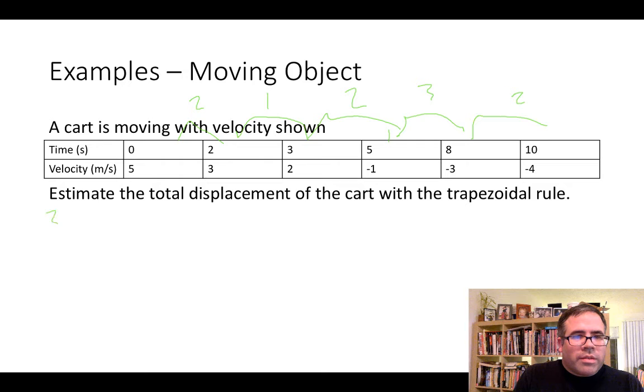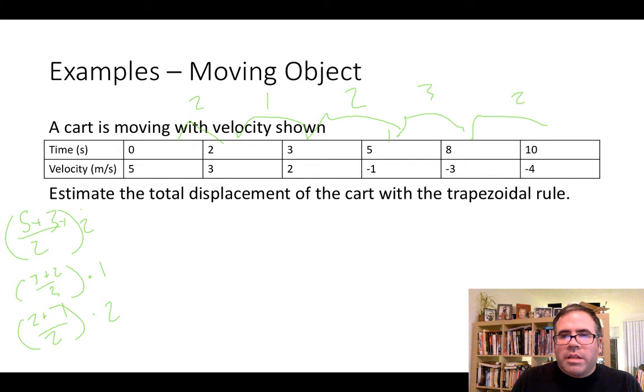So we have 5 plus 3 over 2 times 2, and then we have 3 plus 2 over 2 times 1, and then we have 2 plus negative 1 over 2 times 2.